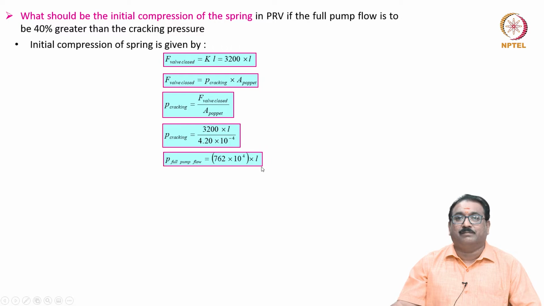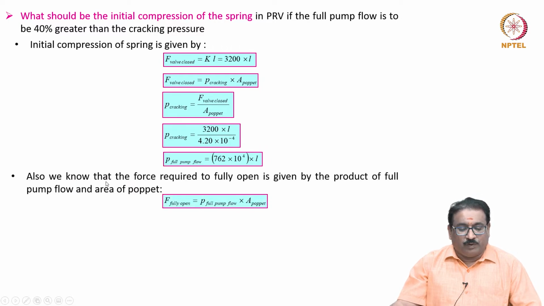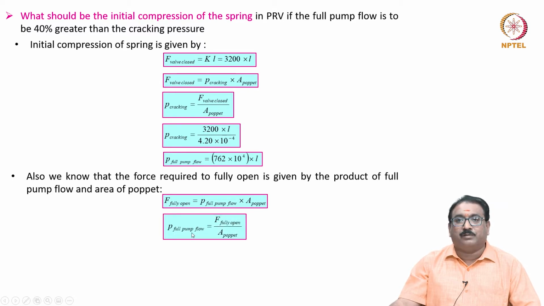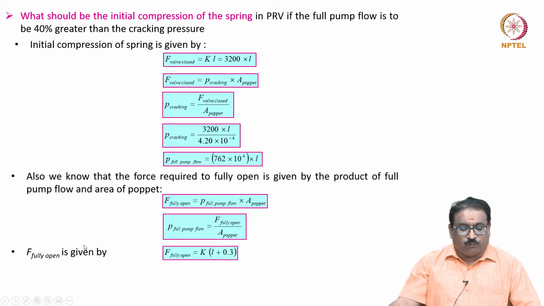We know that the force required to fully open is given by the product of full pump flow pressure and the area of the poppet, correct. Now, P full pump flow is F fully open by A poppet. F fully open is given by K into L plus 0.3.